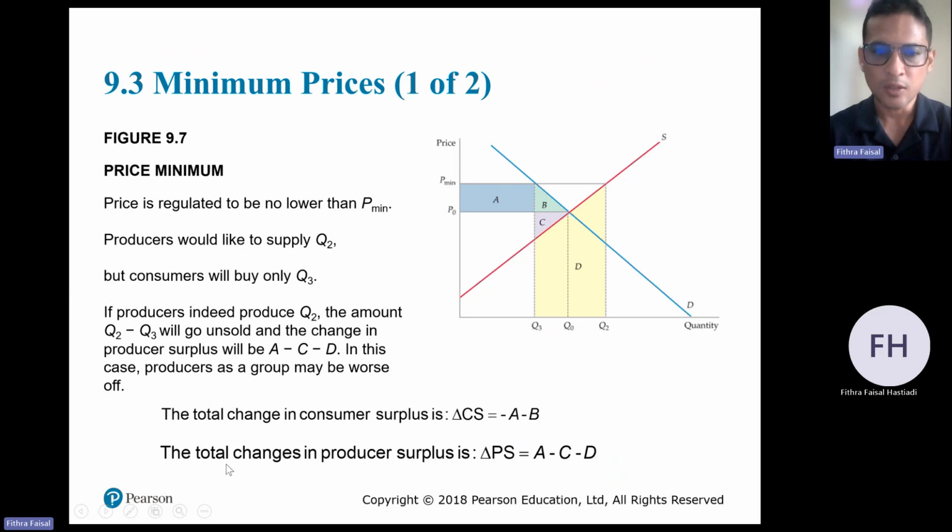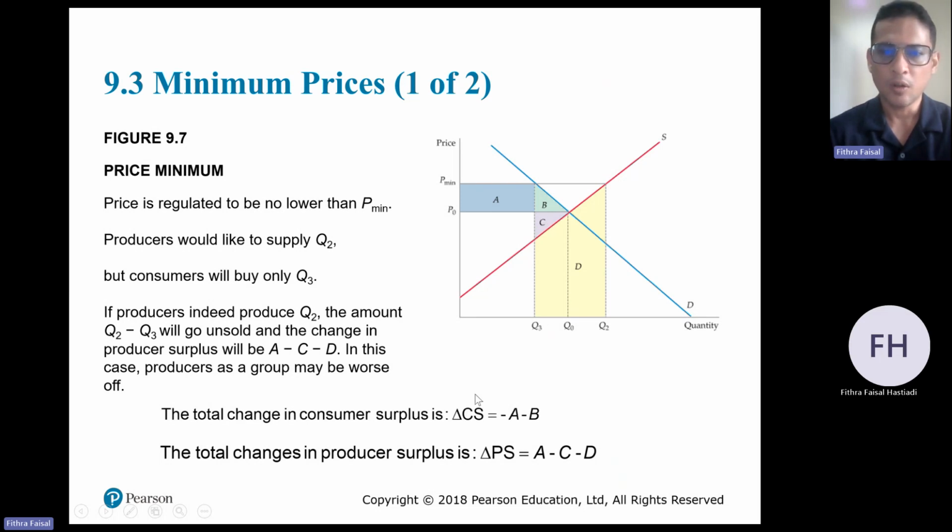So if we try to measure the welfare effect, the total change in consumer surplus, of course, A and B, lost: minus A minus B. The total change in producer surplus: remember, we had this rectangle A, which is the producer surplus, but it should be offset by the area D over here, because this is the idle resources, so minus D. And also the area over here, C, is one that the producers cannot take, because of course we have A as the producers' plus, but since the demand is here, C cannot be attained.